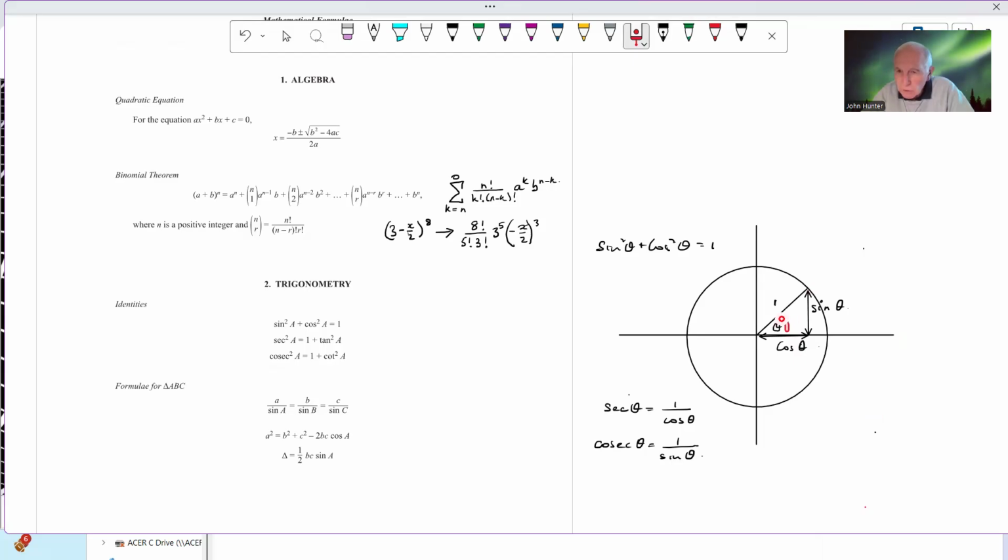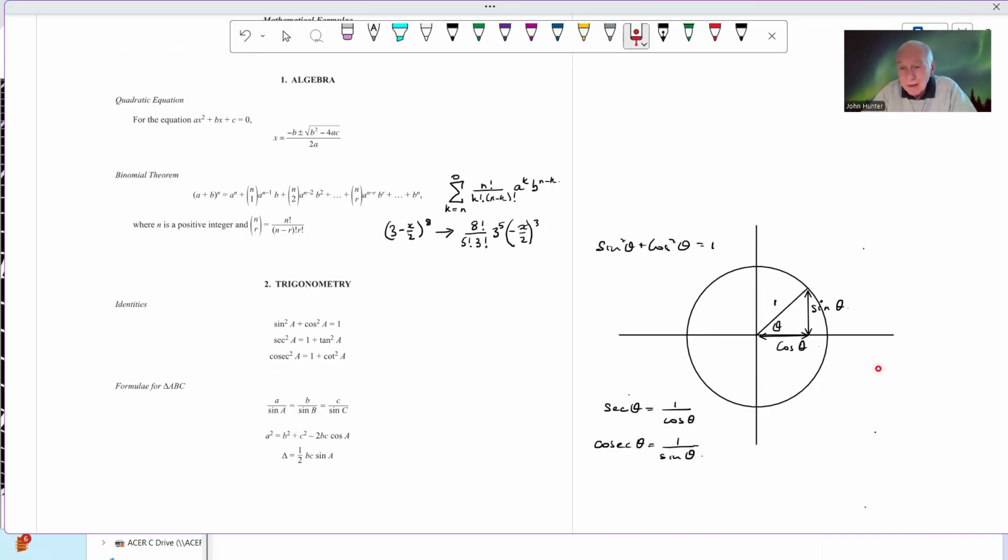So the sine of this angle theta is going to be the opposite over the hypotenuse. And of course, the hypotenuse is 1. So therefore, this side is sine theta. Which is right, because sine theta is always less than 1, isn't it? So that looks good. And then by a similar argument, that is cosine of theta there.